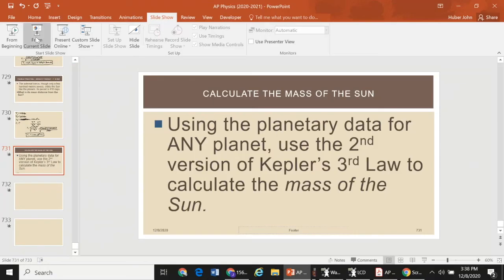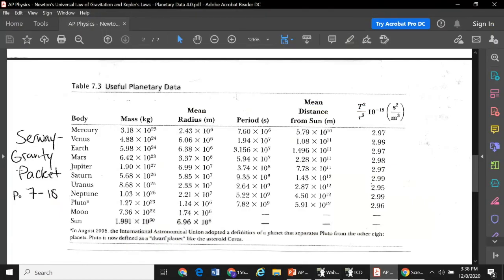Okay, so it should be clear to everybody that you have to use the planetary data reference table. And this table is really the only one that works well for you because it's the only one that gives you the period in seconds and the mean distance to the sun in meters. And so, since I told you you could use any object orbiting the sun here, I'm imagining that we're not all going to use the same numbers here.